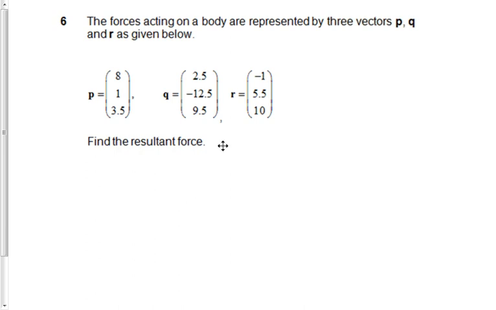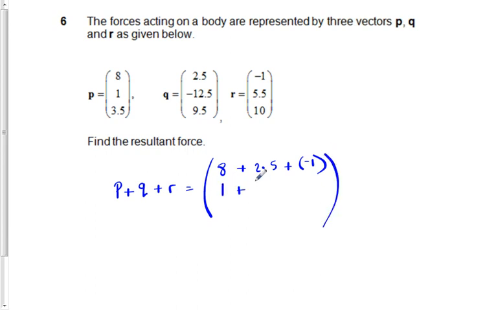If all 3 of these vectors are acting on a body, what we have here is a force of P plus Q plus R, which in component form gives us 8 plus 2.5 plus -1, 1 plus -12.5 plus 5.5, and 3.5 plus 9.5 plus 10.